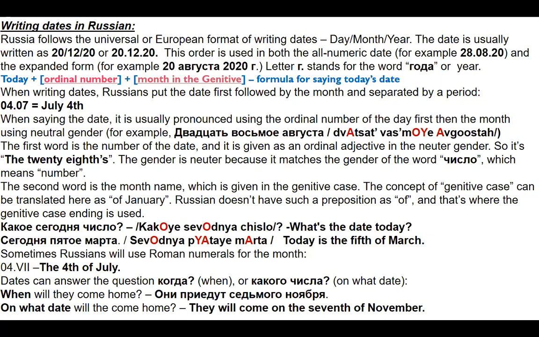Or, on what date will they come home? They will come home on the 7th of November. So dates answer the questions когда or какого числа. Again, that is in the genitive case.